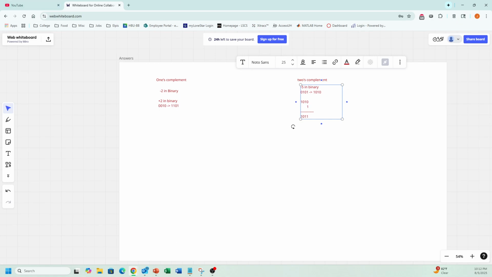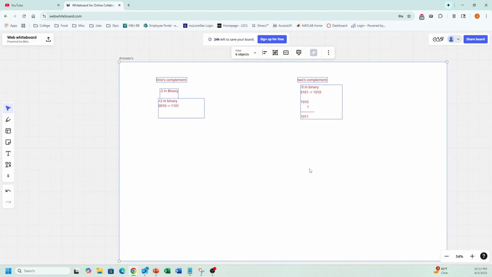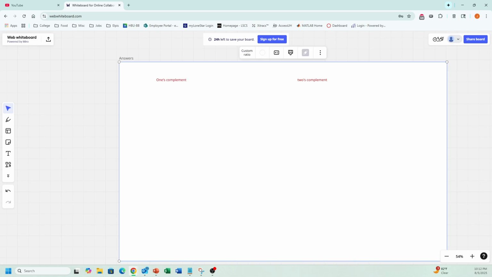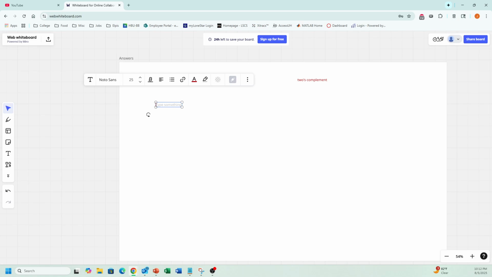Okay. Now let's look at some other exercises. I want to convert 1, 0, 1, 1, 0 using 2's complement, signed, and then convert it to decimal.